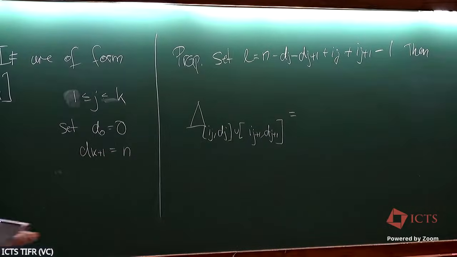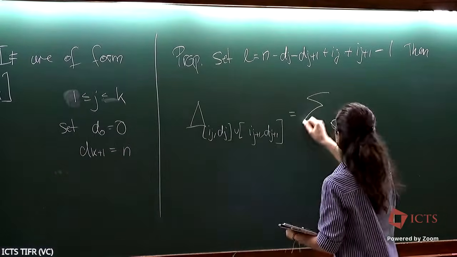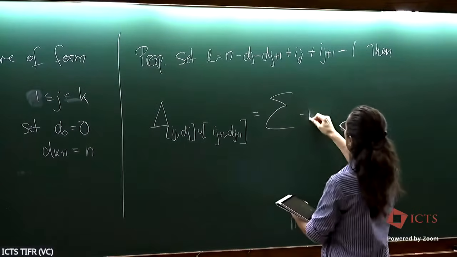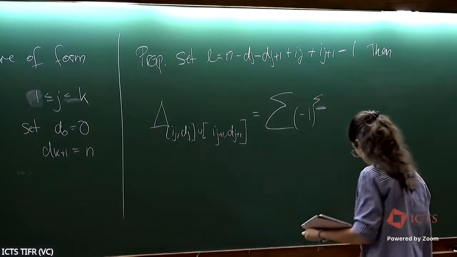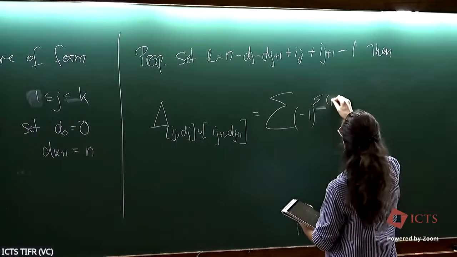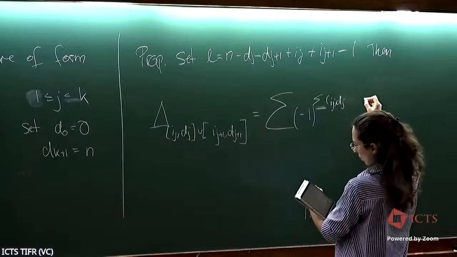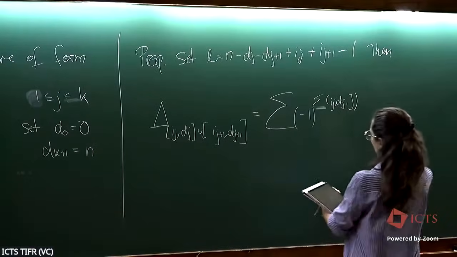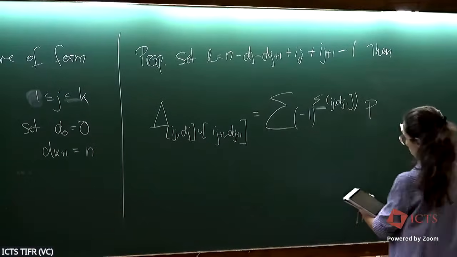Okay, so this is now the following expression in terms of Plücker coordinates. I have a sign here, and then I have two Plückers.